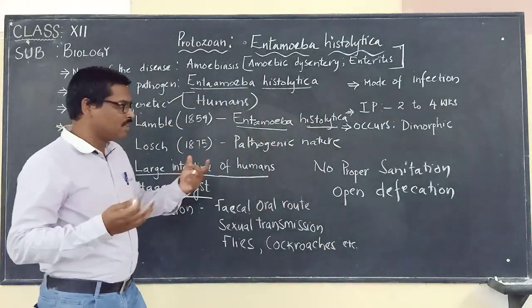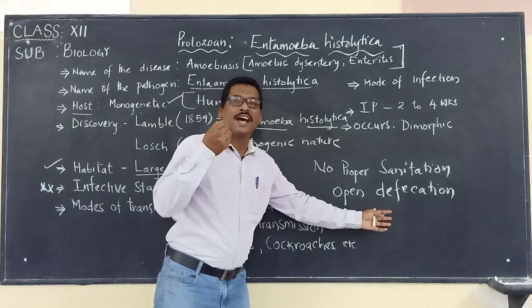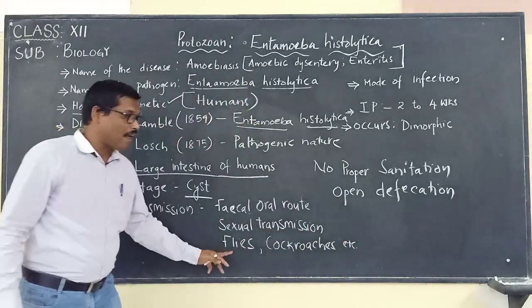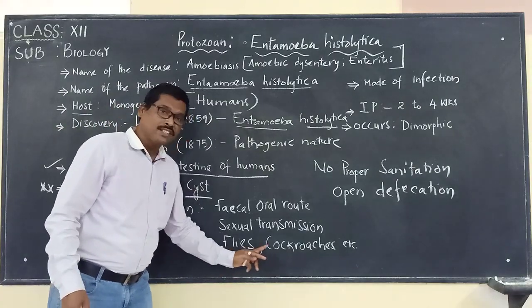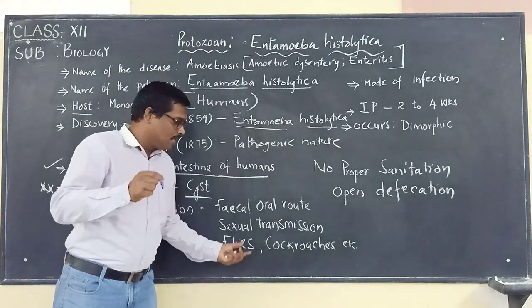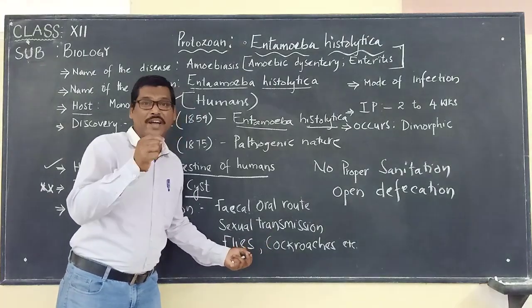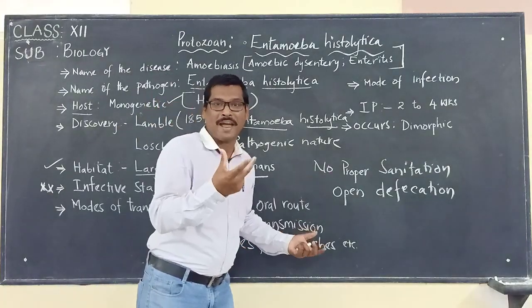We all know that when there is open defecation, there are vectors, meaning carriers. Here the carriers are flies and cockroaches. Flies and cockroaches are mechanical vectors, and they will be visiting the fecal matter.